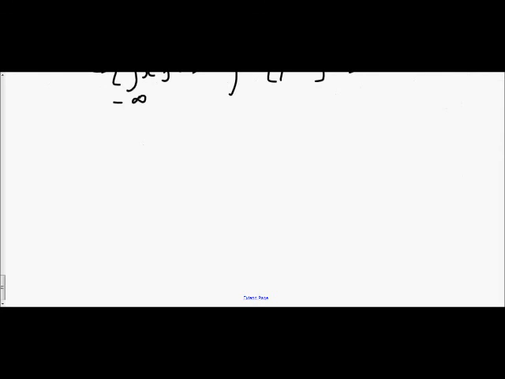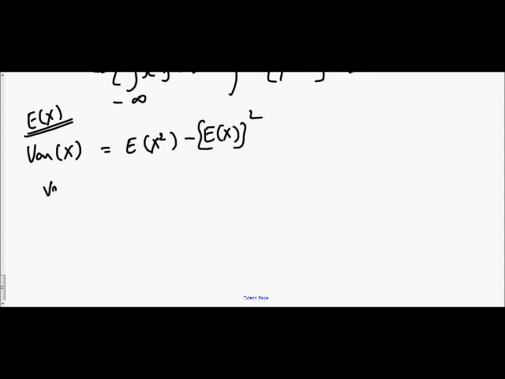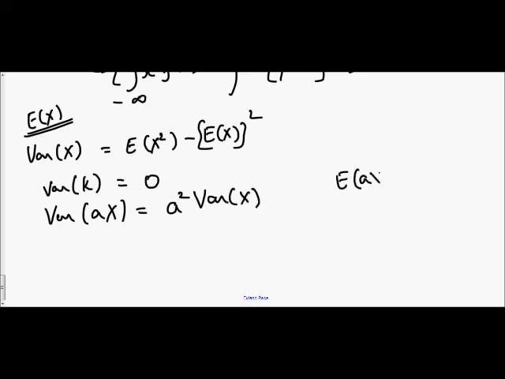We have certain properties. We did it for the expected value E(x); we found some 4 properties of E(x). Now let's see what happens to the variance of x. The variance of k, a constant, is 0, and the variance of ax, a constant times x, is a squared times the variance of x, whereas remember that for the expected value of ax, it's a E(x), right?